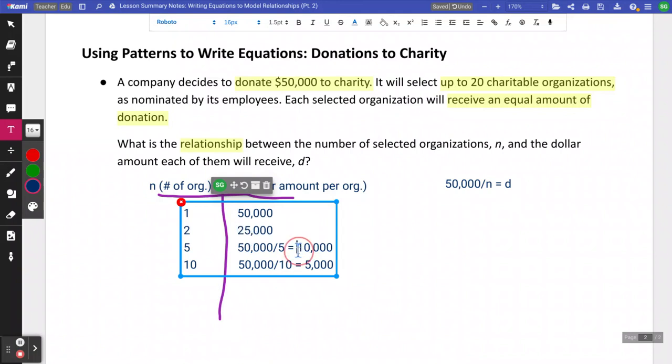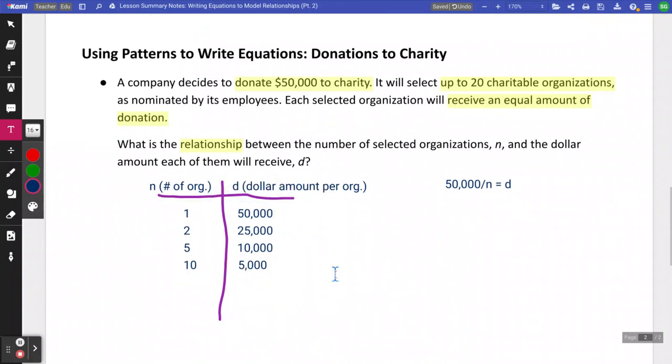There are more equations. If you've already got another equation, that's super awesome. But if you don't, I'm going to leave you with this table for a moment. Try pausing the video again and seeing if you can come up with another equation that we could use to represent this table here.